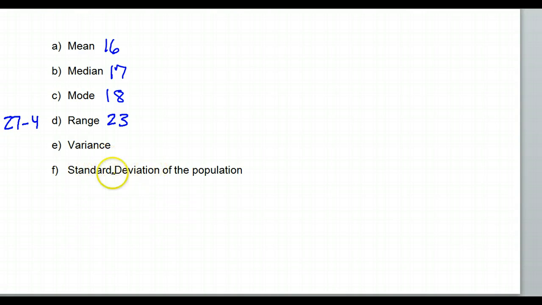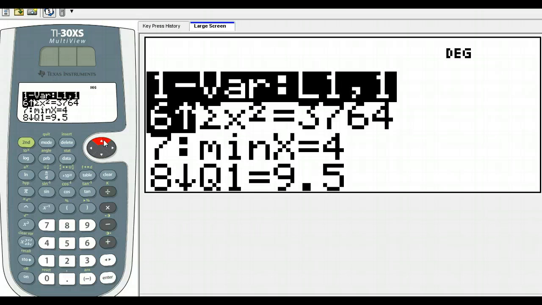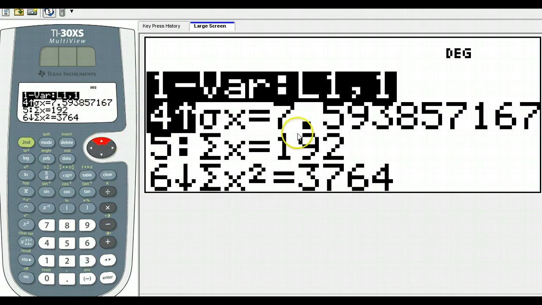Variance and standard deviation. We will get the standard deviation first, followed by the variance. So, standard deviation, and then the variance is the standard deviation squared. Standard deviation is item 4 on this calculator. So that is 7.59.